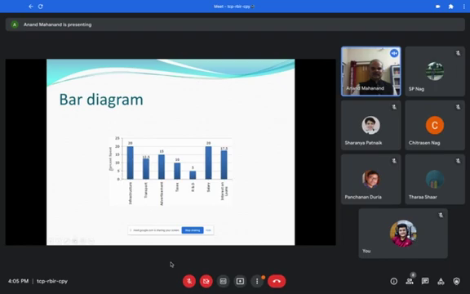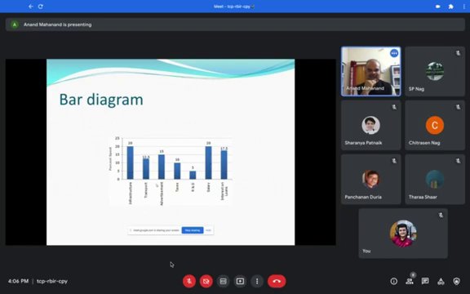And here it is percentage spent, the amount spent, and for infrastructure 20%. Is it correct? Is it correct or not?